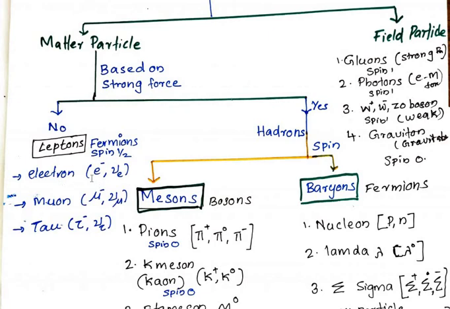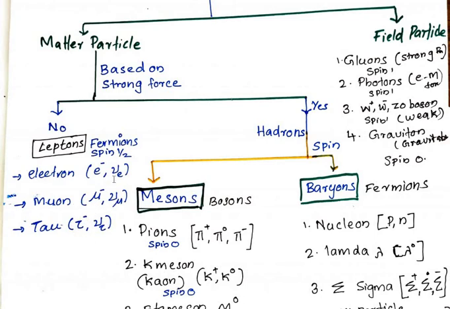All the leptons are spin 1/2 particles, and there are 3 families of leptons: electron, muon and tau. In the electron family we have 2 members, that is the electron and the electron neutrino. The electron has negative charge and the neutrino is a chargeless particle. The muon family has the muon and the muon neutrino, and the tau family has the tau particle and the tau neutrino.